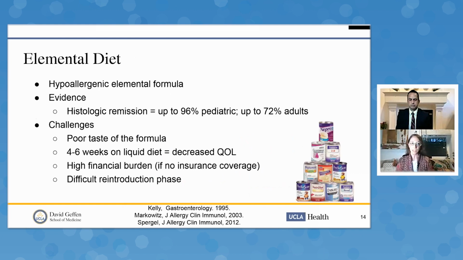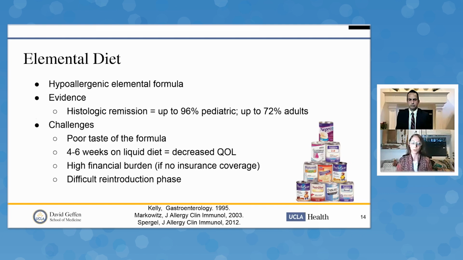So elemental diets were really the first way that diets were looked at and researched in EoE patients. And this started in the late 1990s in children, where children were given these elemental formulas. It was usually a powder that was mixed in water, and they may be able to eat a few different foods, things that were considered pretty low risk in terms of producing an allergic style reaction, such as rice.